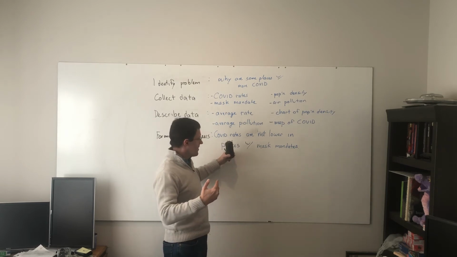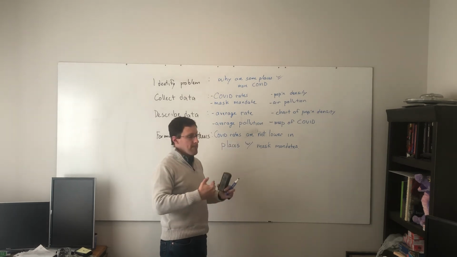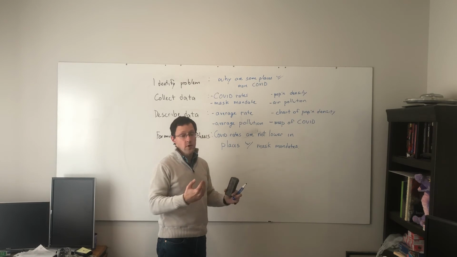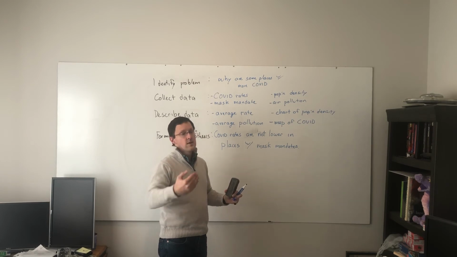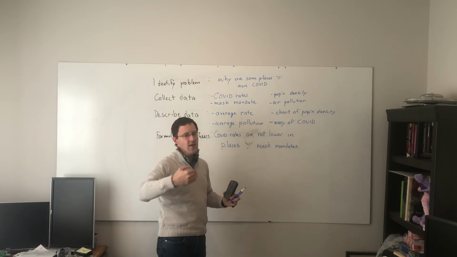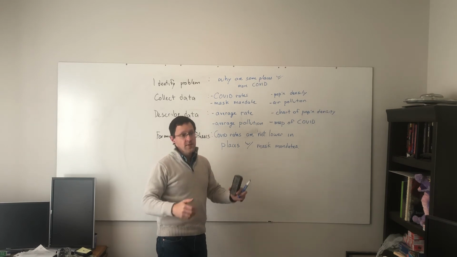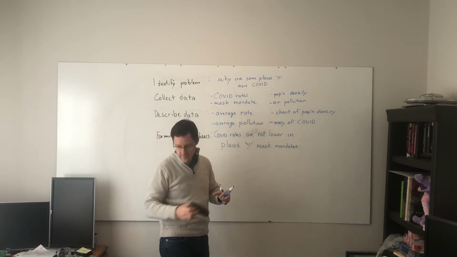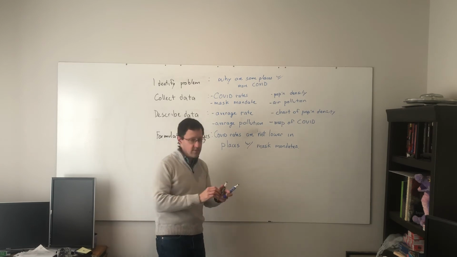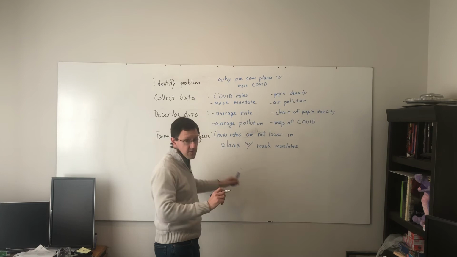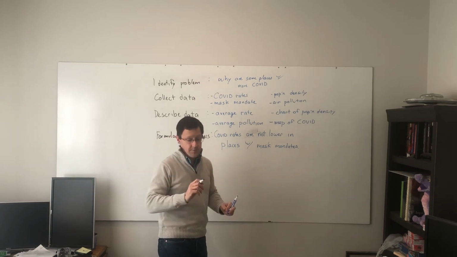So, in a way, this is saying, my first argument here is that mask mandates have no effect on COVID rates. And we set out basically to disprove that hypothesis, and thereby conclude that yes, they actually are effective. But for now, we formulate this hypothesis, then we test it.